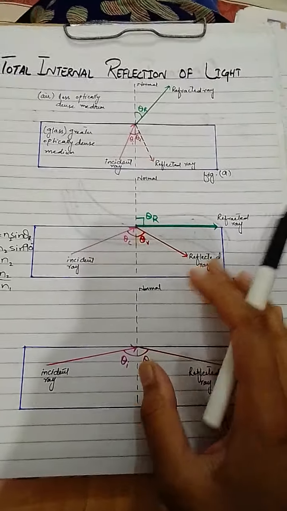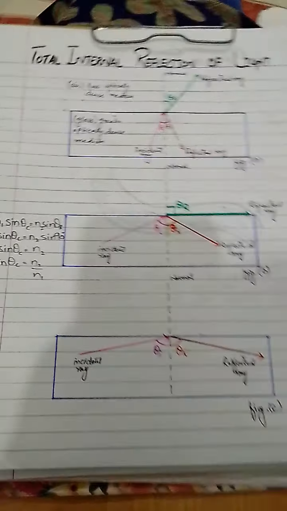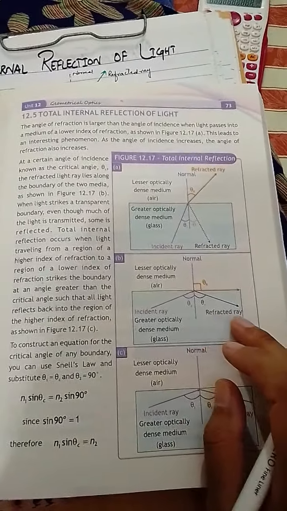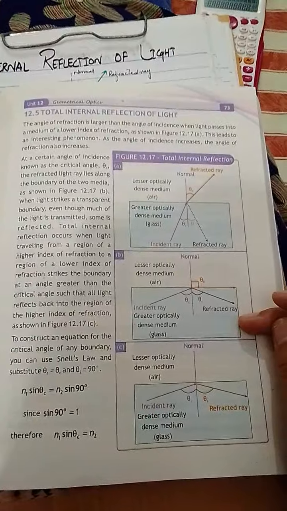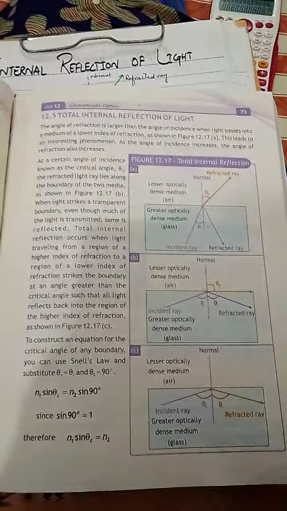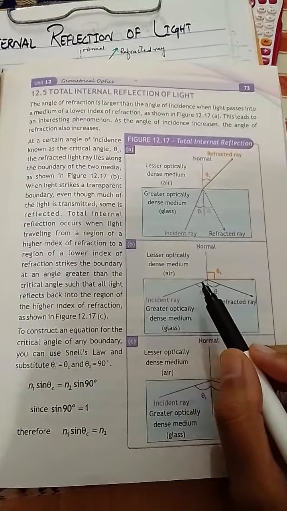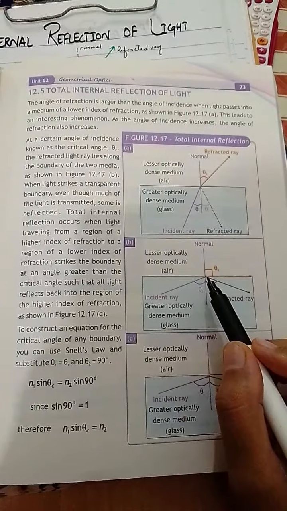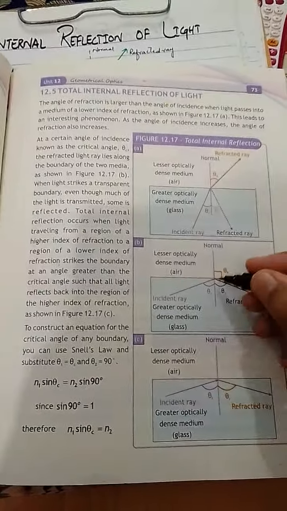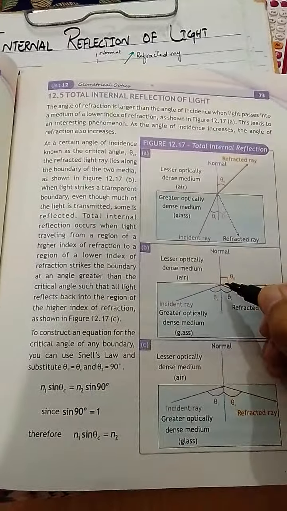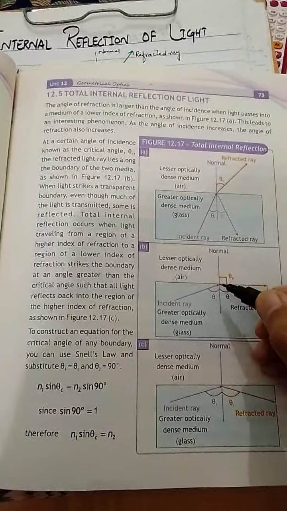Okay, I've noticed something in your book that I'll have to show you. In this book, it is written that this is the refracted ray. Well, it's not the refracted ray. Okay, what is the condition for refraction? The refraction definition says when an incident ray strikes the surface of another medium, it gets its angle changed and starts traveling in another medium.